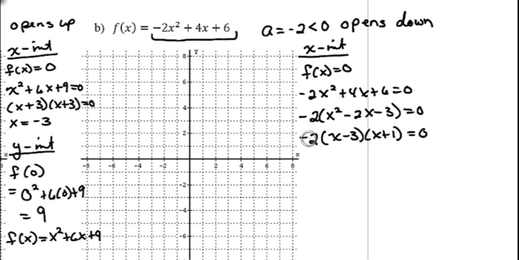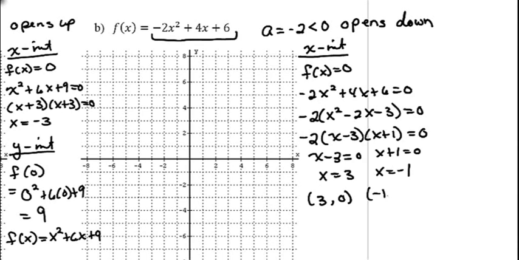So this negative 2 doesn't give us anything as far as x-intercepts are concerned, but we set the x minus 3 equal to 0, and we get x equals 3, and then set x plus 1 equal to 0, and we get x equals negative 1. So we have two x-intercepts. One is at 3, 0, and the other one is at negative 1, 0.